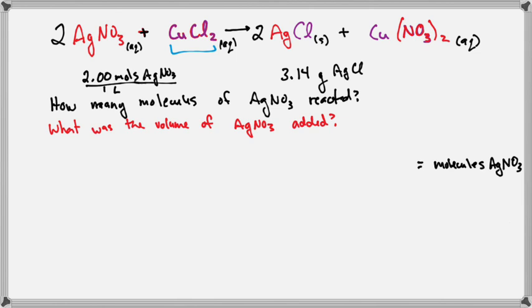Okay, so where we prefaced initially was, which thing should we start with? Should we start with the 2 moles of silver nitrate per liter or the 3.14 grams of silver chloride? And I would argue that's a tough question to go through and do. Okay? We might stick with the 2 moles per liter because that at least has the same substance.